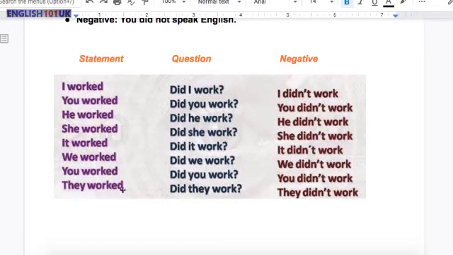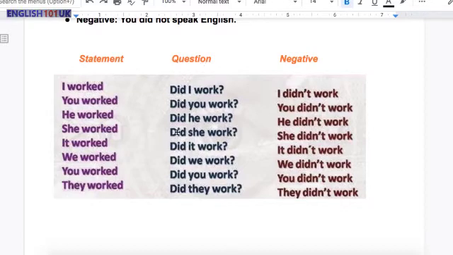So there is not any difference in the past simple with the verbs. It doesn't matter if you are using I or you, he, etc. The verb remains the same. It's in the past form. How about in the question? Again, we use did as a helping verb.